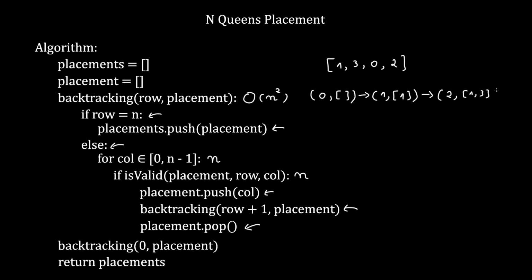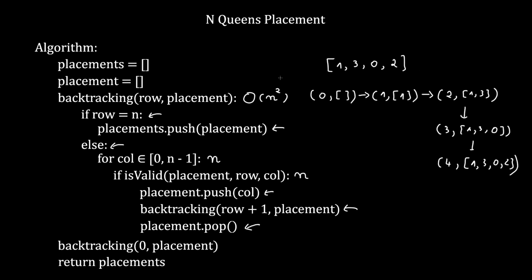Then I'm going to push the 0, so 1, 3, 0. And then I'm going to push the last element, which is 2, and I get 1, 3, 0, 2, and this is obviously the stopping point, as the row became equal to n.